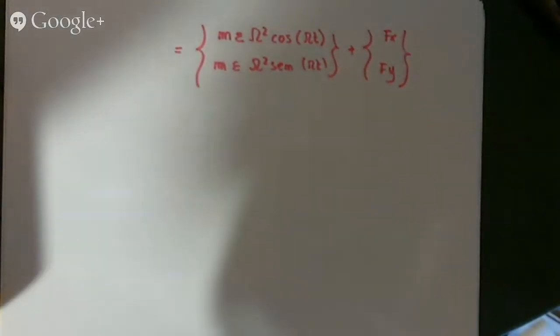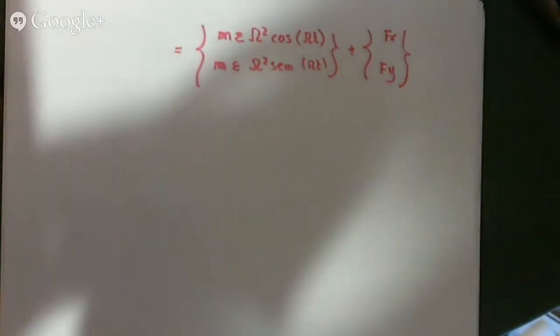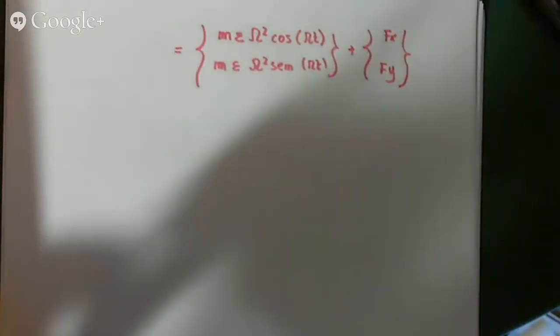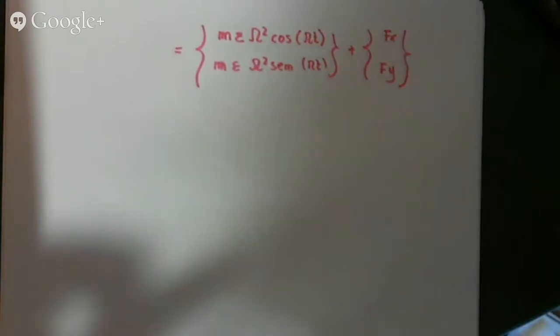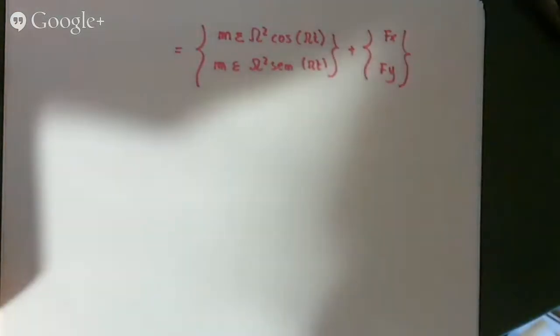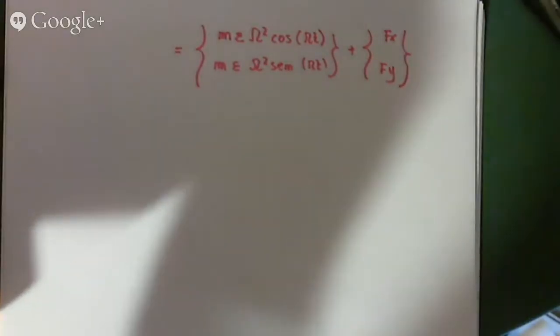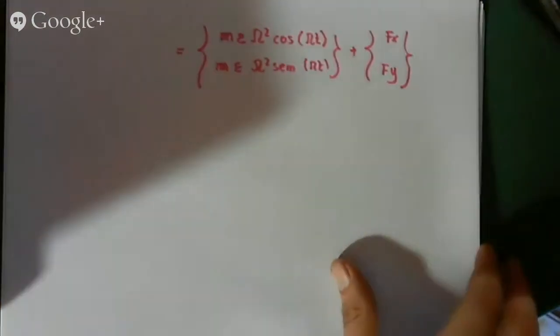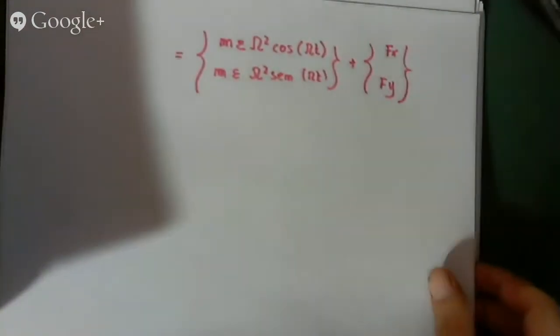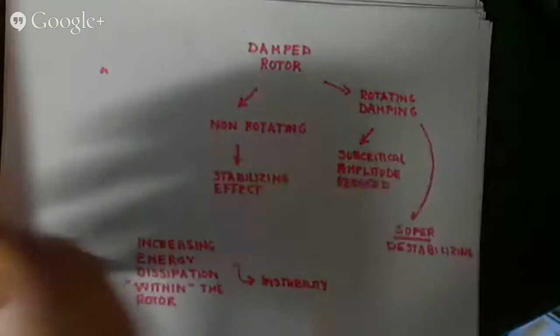So this is, in a very compact way, the introduction of rotating and non-rotating damping to the original undamped system of the Jeffcott rotor.